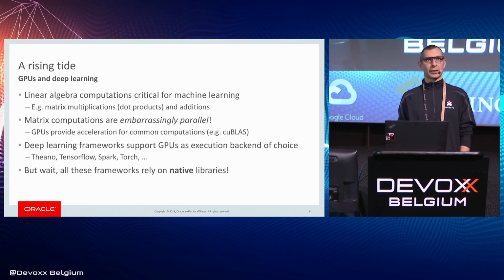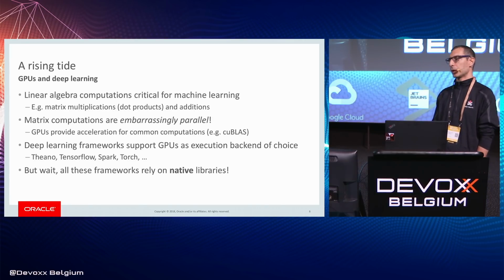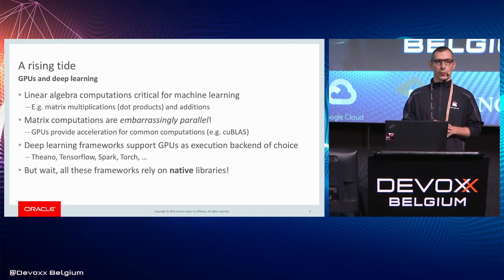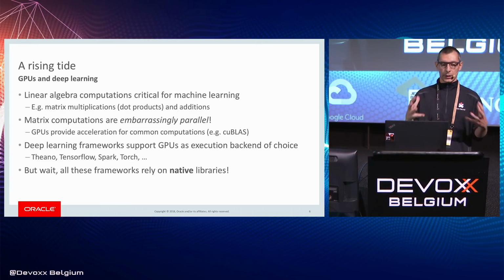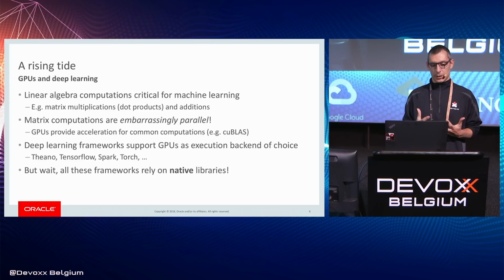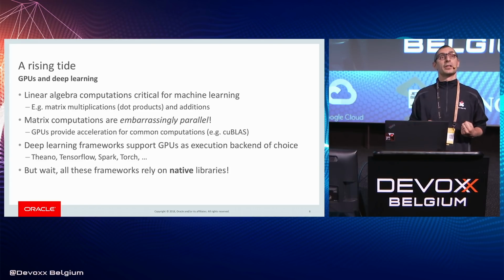Well, this all started to change with machine learning, right? Machine learning started to put a lot of pressure into trying to perform numeric computation as fast and as quickly as possible, because all the core of machine learning is essentially linear algebra computation, matrix computation, and all that stuff is good news, is easily parallelizable.